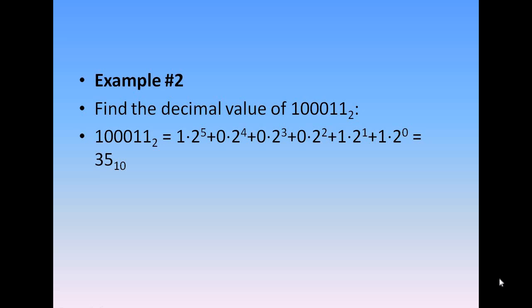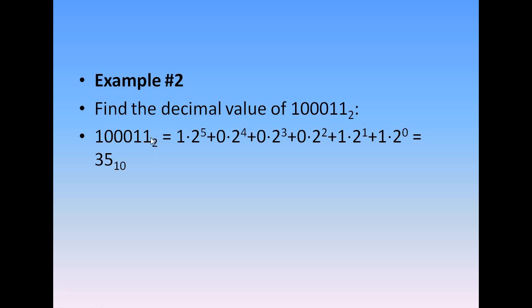Now, we can also be asked to do some other problems, like to find out the decimal value of 10011 to the base 2, signifying that it is a binary number system.